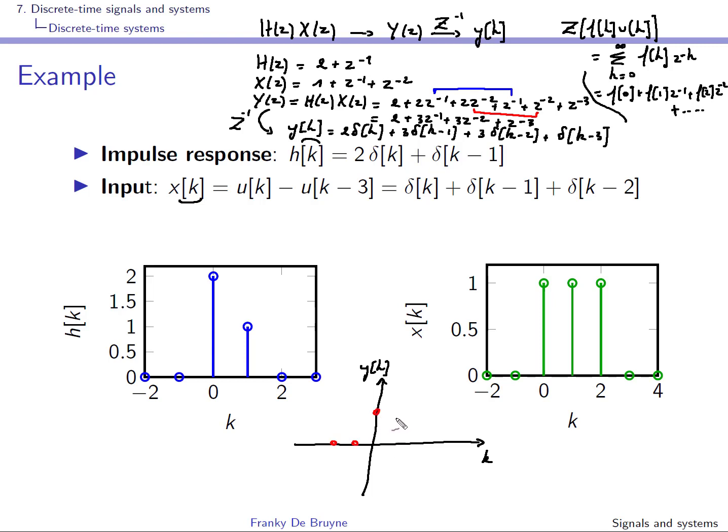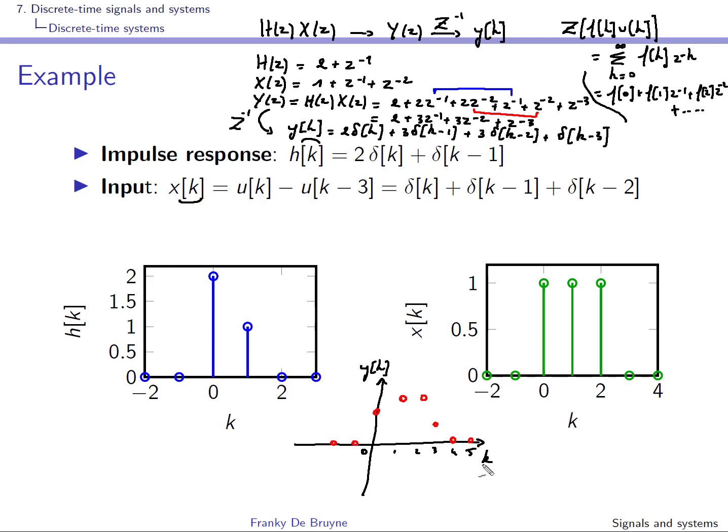In k is equal to 1, if you put k is equal to 1, this term will be contributing, so you'll have a 3 over here. You'll have something similar for k is equal to 2, then it will be 1, and from there on it will be 0. Okay, so this is 0, this is 1, 2, 3, 4, and 5.